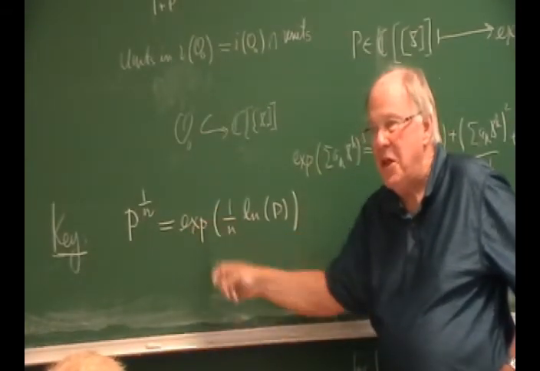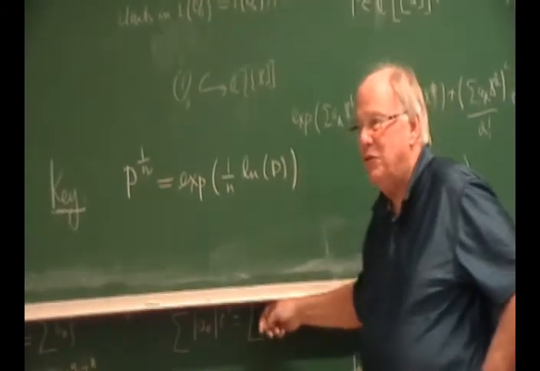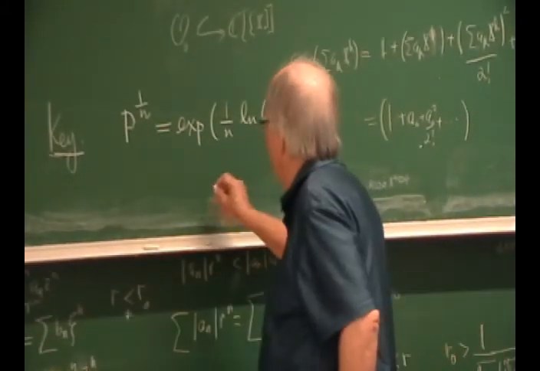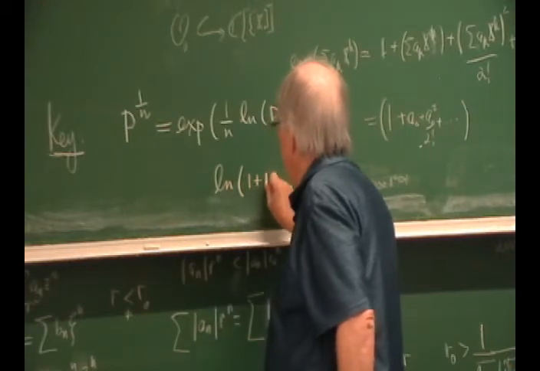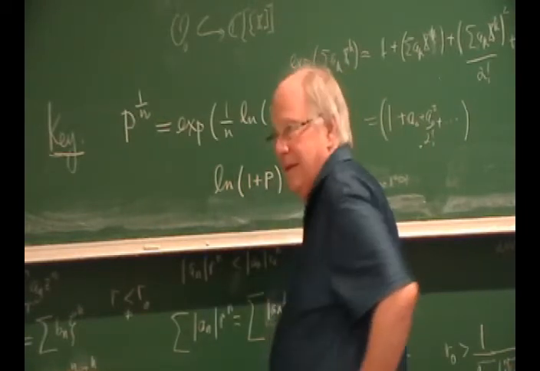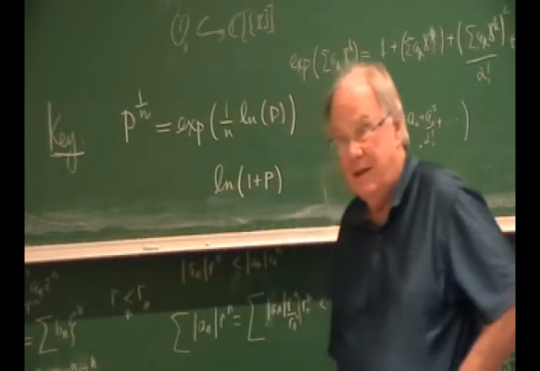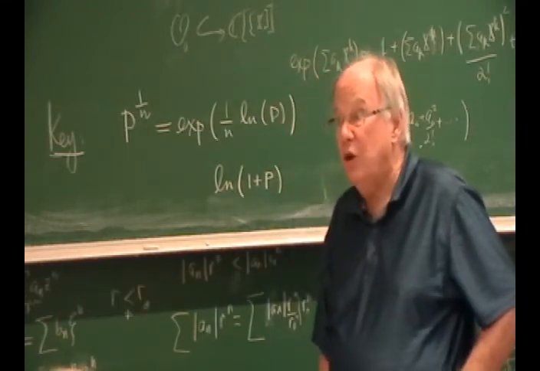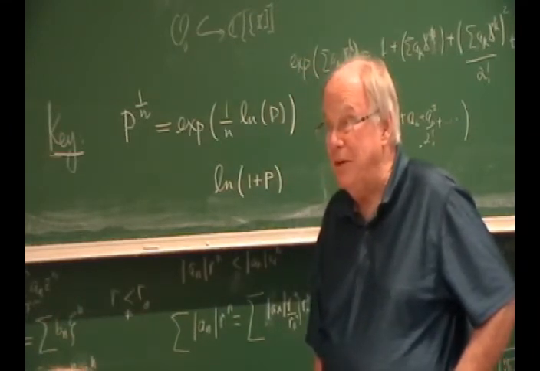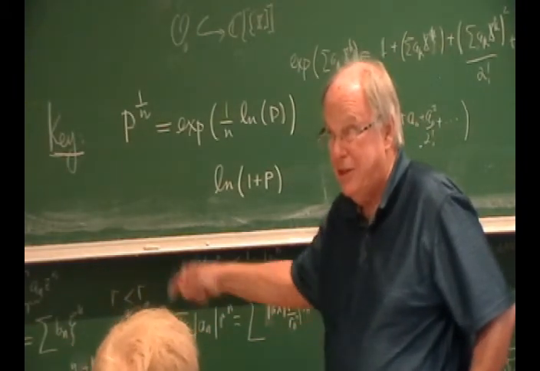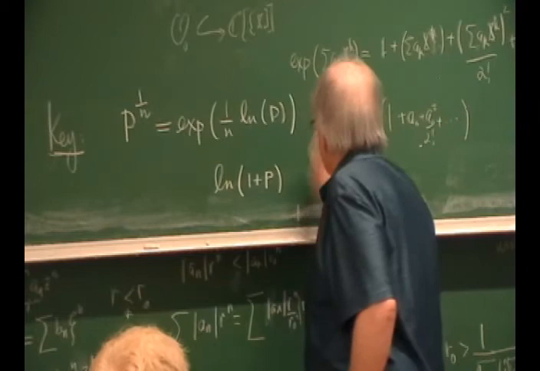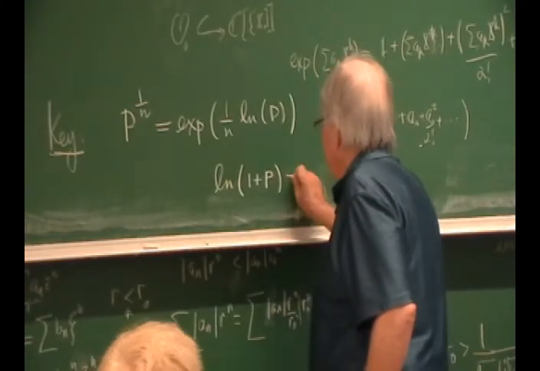Yeah? But now watch. I'm going to quit in just a minute. But log of 1 plus p is exactly, you should never take log of p, right? Because it doesn't make sense, because p is as above here. What is this thing?